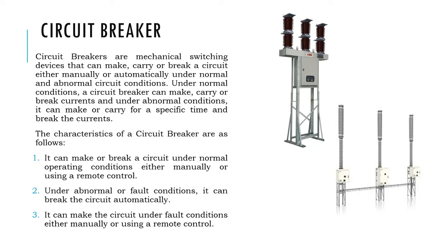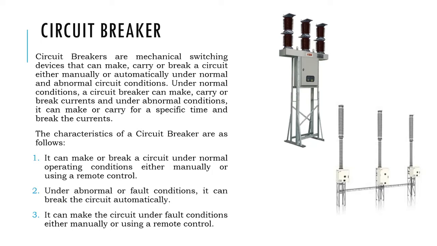Depending upon the voltage level and reliability perspective, air circuit breakers are generally used in low voltage systems. Air circuit breaker means the medium which is helping the breaker to quench the arc.